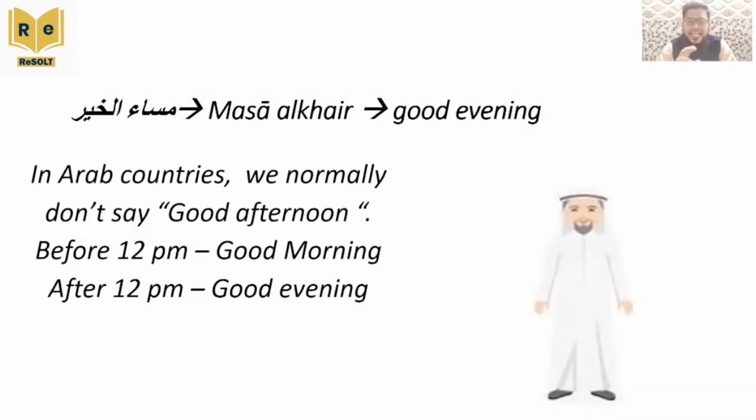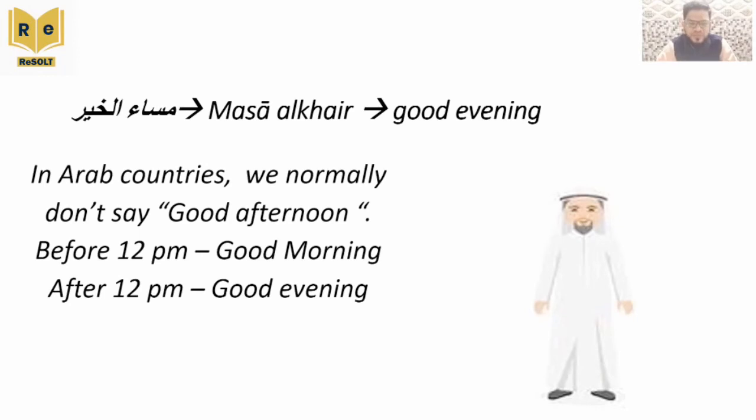Now, masa al-khair. Masa means evening. Al-khair, you already know that. So masa al-khair, good evening. Now, you must be thinking that we did good morning and are coming directly to good evening.